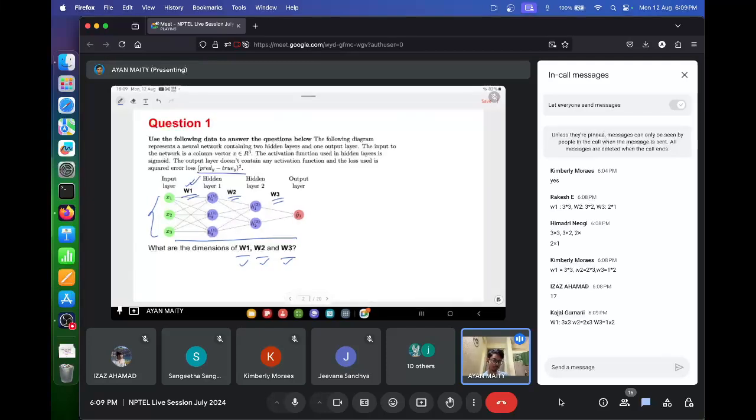Kajal says 3 by 3, 2 by 3, 1 by 2. Anyone else?